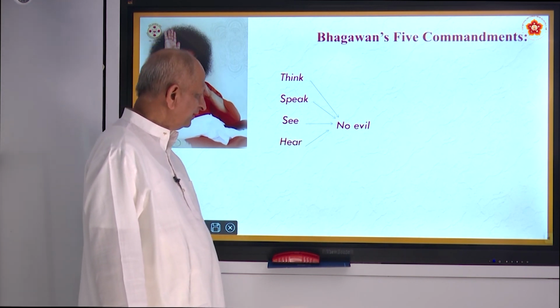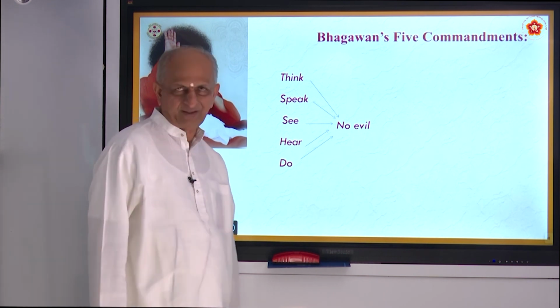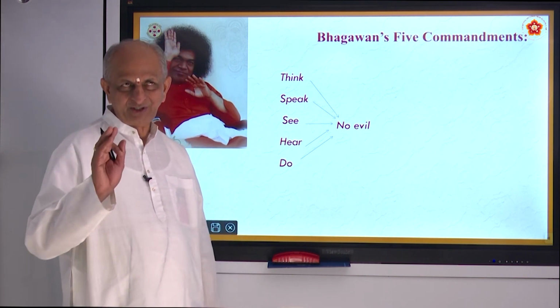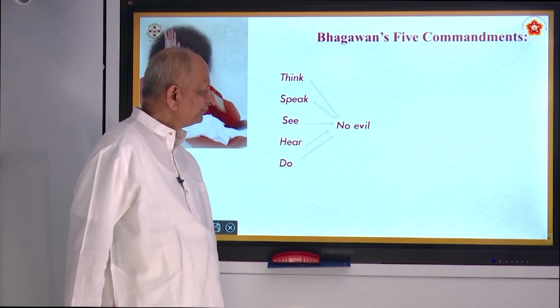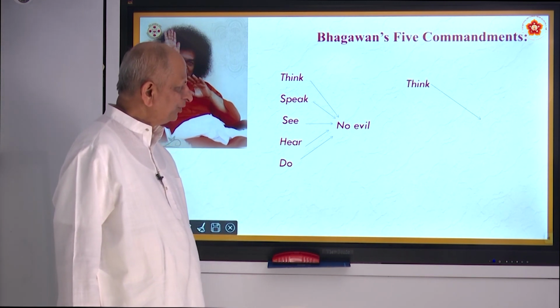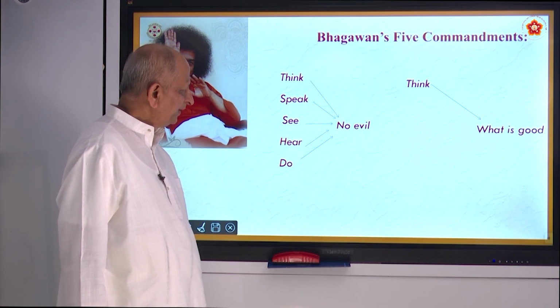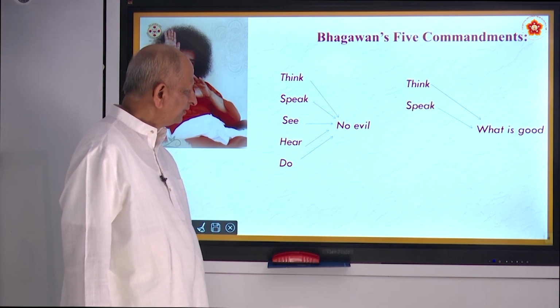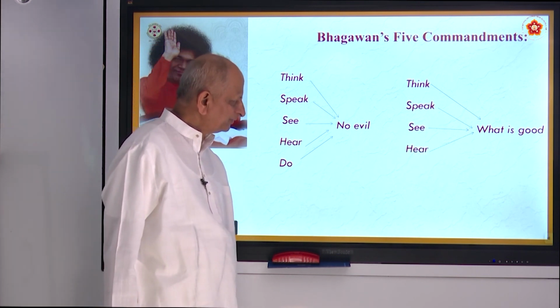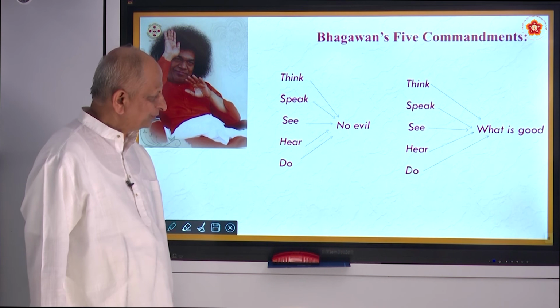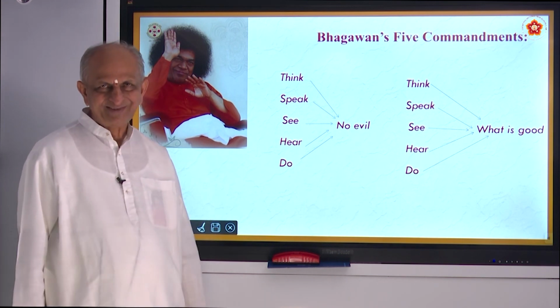Hear no evil. Do no evil. Don't think of anything evil. Okay, then what you must do? Think what is good. Speak what is good. See what is good. Hear what is good. Do what is good. So nice.